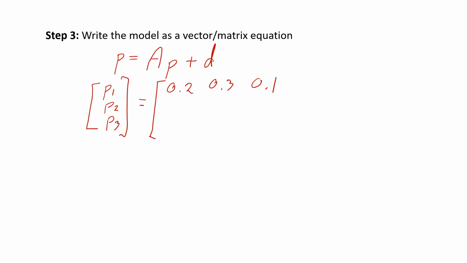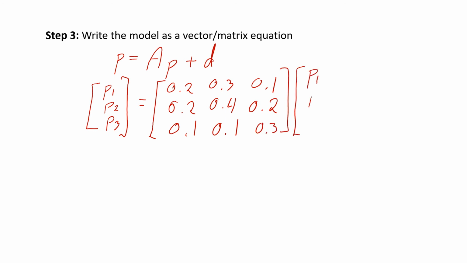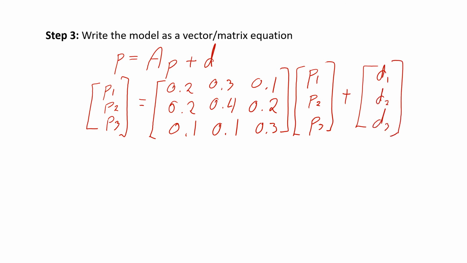Our second consumption equation was 0.2, 0.4, and 0.2. Our third consumption equation was 0.1, 0.1, and 0.3. That multiplied by P1, P2, P3, plus our demand vector, D1, D2, and D3. So there is the representation of our economy using the vectors and the numbers we have.